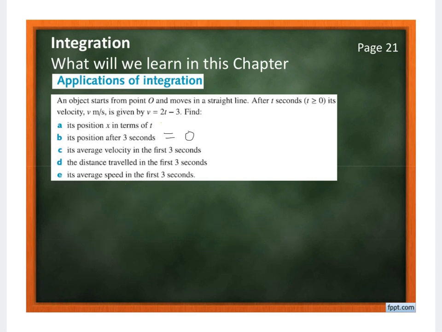C, find the average velocity in the first 3 seconds.